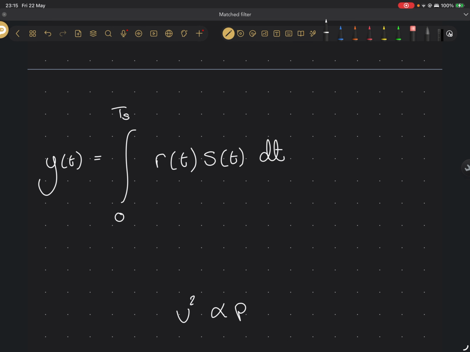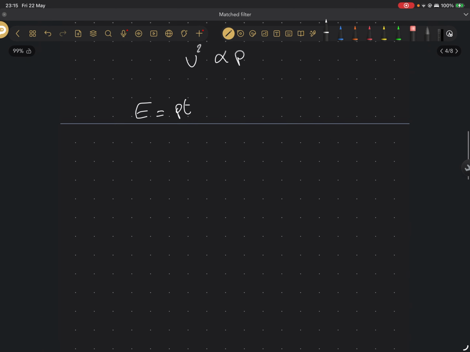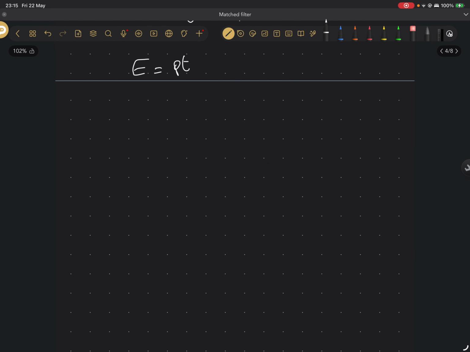So physically, if the received signal closely matches the desired waveform, the accumulation becomes large, producing a strong output peak at the sampling instant. So to physically implement this correlation operation, we use something called convolution.